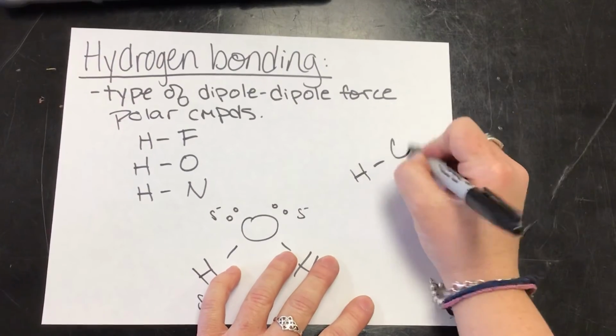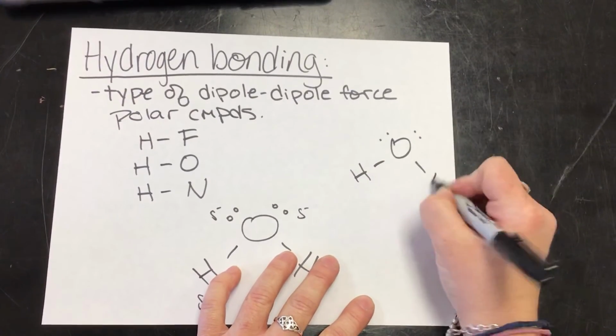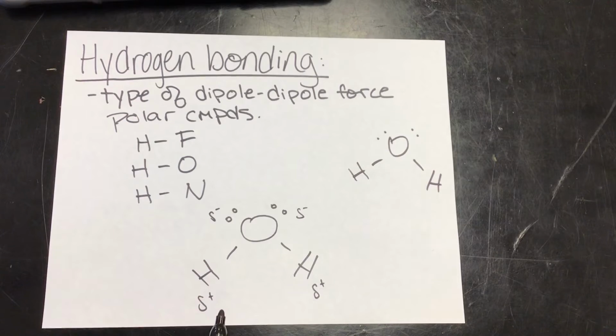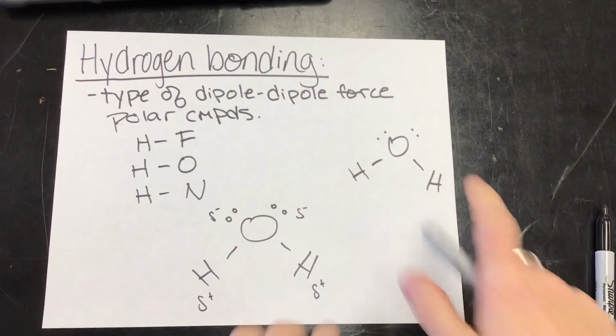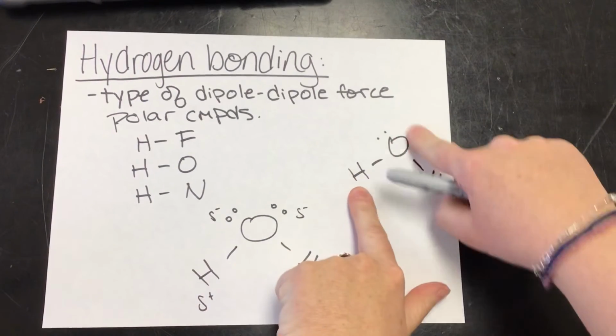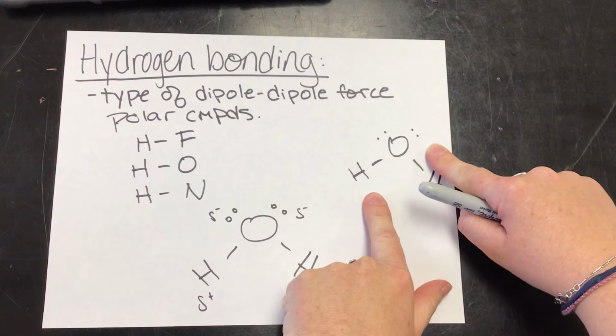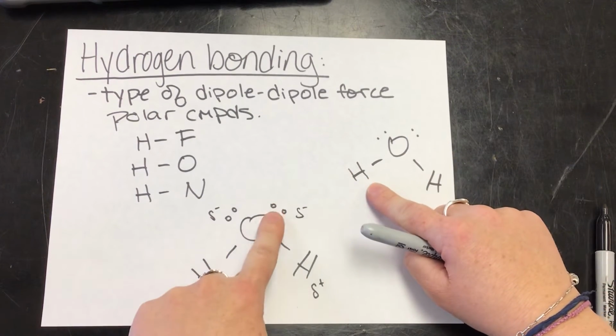So here's a hydrogen again. We'll draw out that oxygen for our other water molecule. And hydrogen bonding is when the hydrogen that's connected to a nitrogen, oxygen, or fluorine is feeling an attraction toward an unshared pair on a different molecule.